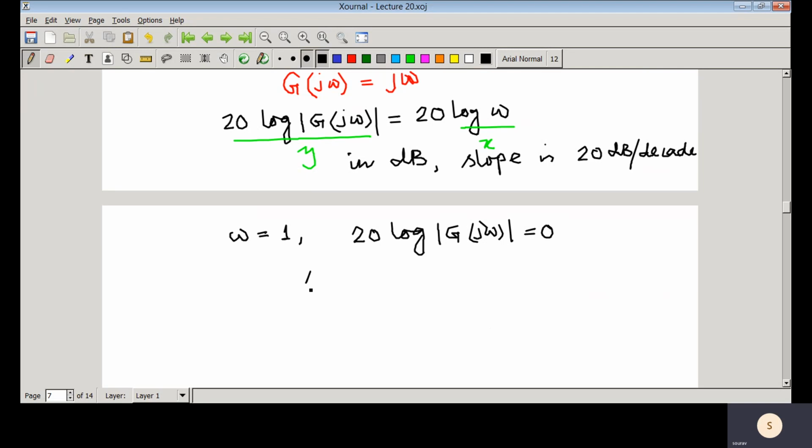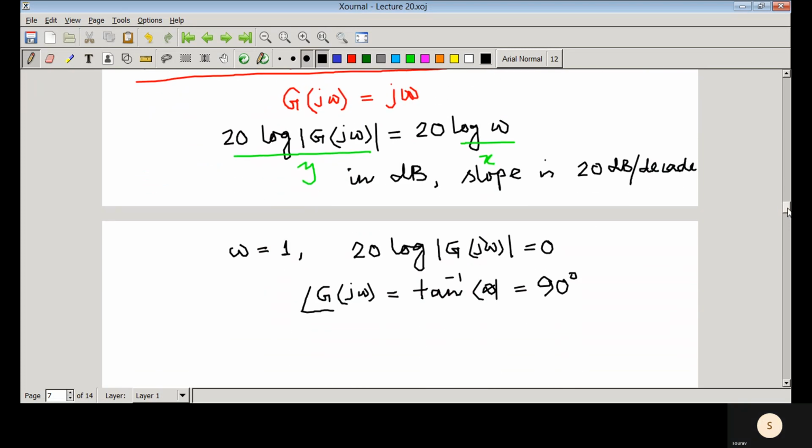And what would be the angle? The angle of G(j omega) is tan inverse of infinity, so that is 90 degrees. So whenever we have a factor like s, the angle remains constant at 90 degrees, and the slope is 20 dB per decade.